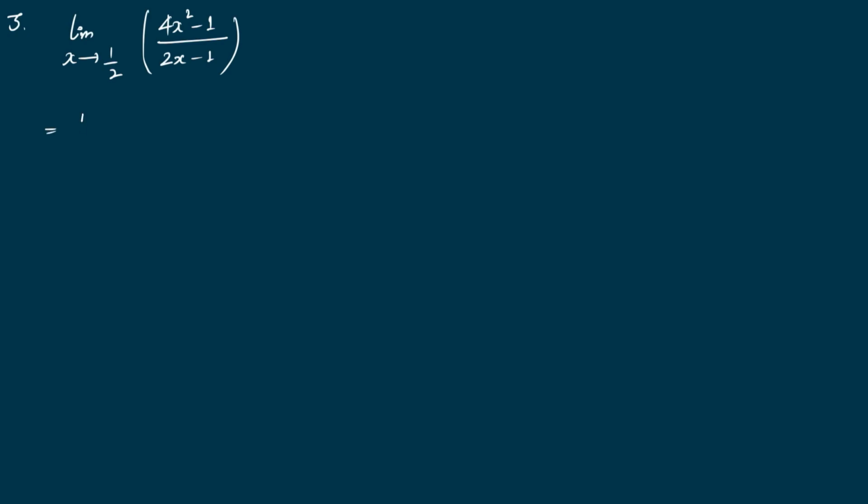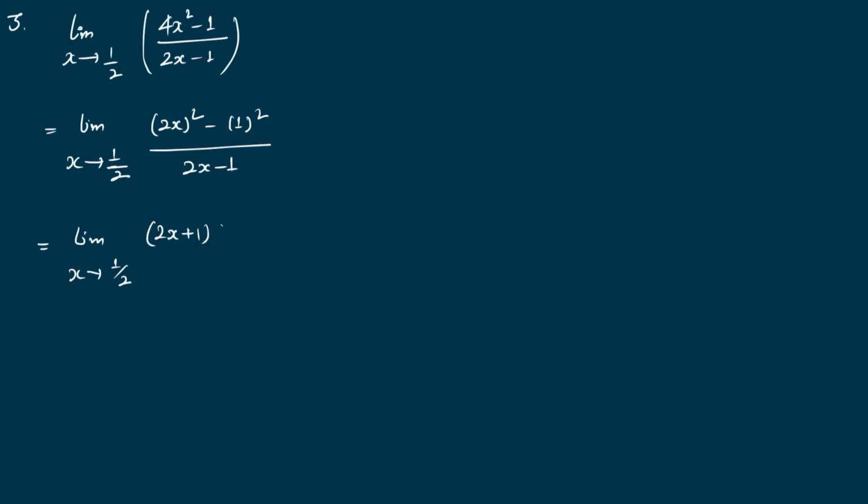So it will be limit x tends to 1 by 2. The numerator can be written as 2x whole square minus 1 square, divided by 2x minus 1. Since the numerator is in the form of a square minus b square, we can write 2x plus 1 into 2x minus 1, whole divided by 2x minus 1.